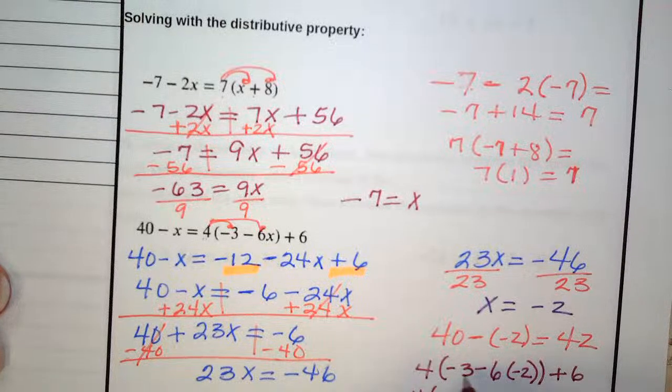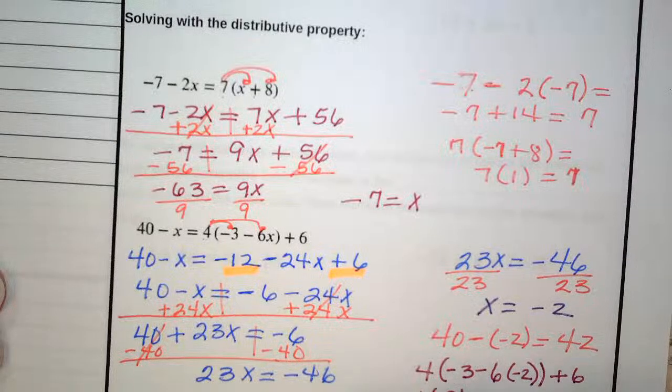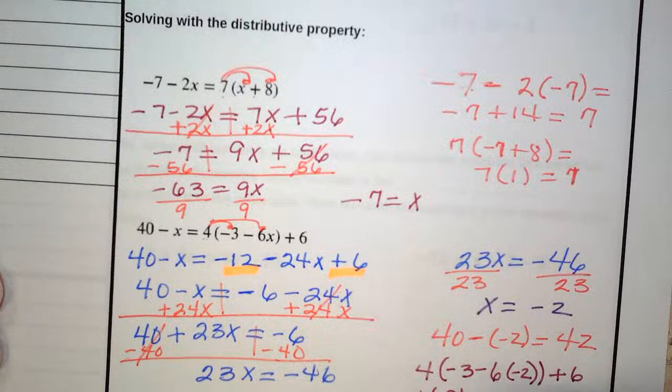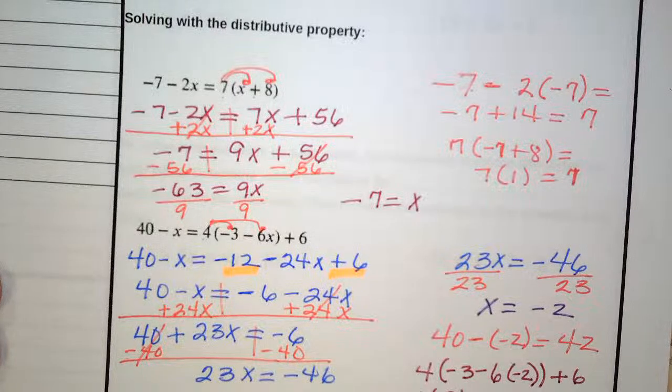This will be negative 3 plus 12. 4 times 9 plus 6. 4 times 9 is 36. 36 plus 6 is 42. I've checked it out and it works.